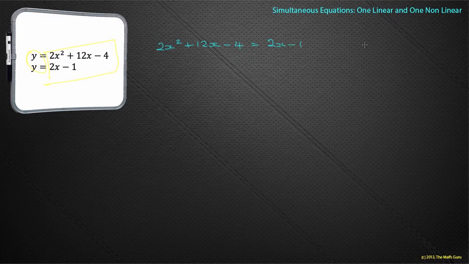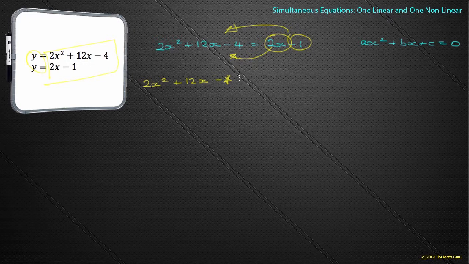We can only solve this when we have it in the form of ax squared plus bx plus c equals 0. So we need to do a bit of shifting around. Plus 1 moves over here and the 2x moves over here as well. So the 2x squared was already there, plus 12x, minus 4, again, was already there, minus 2x plus 1 equals 0.